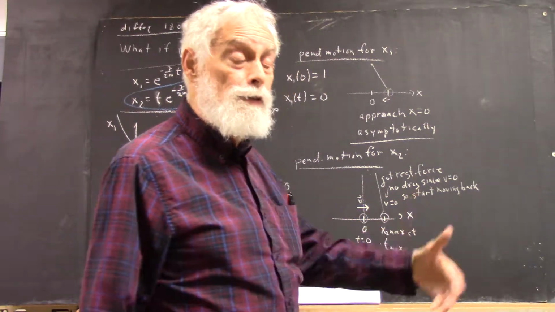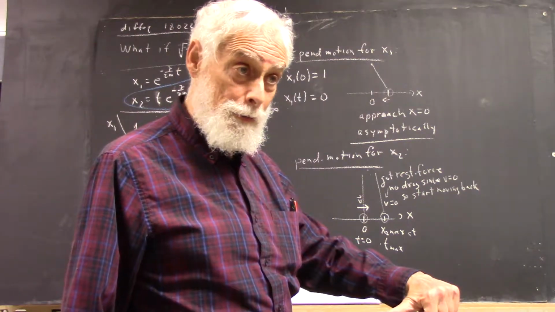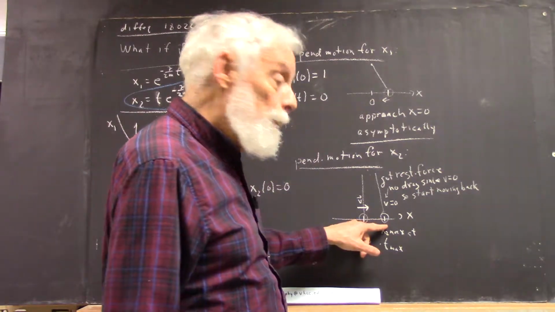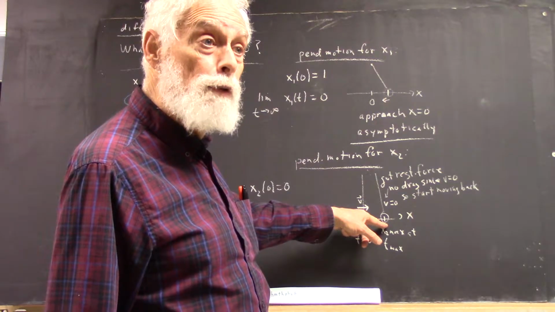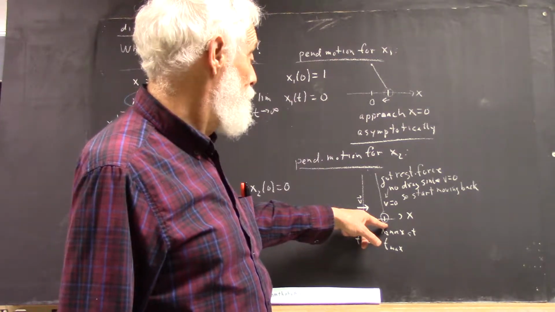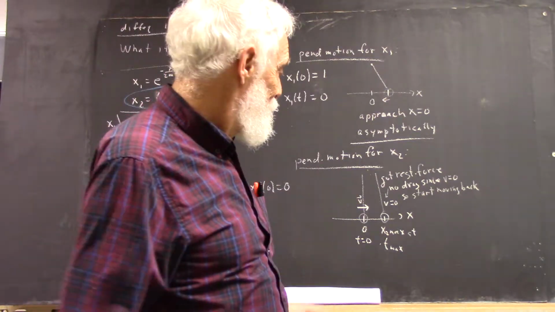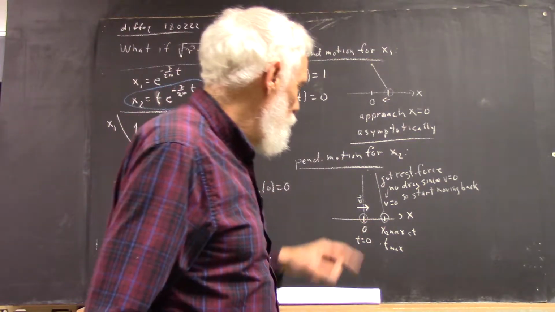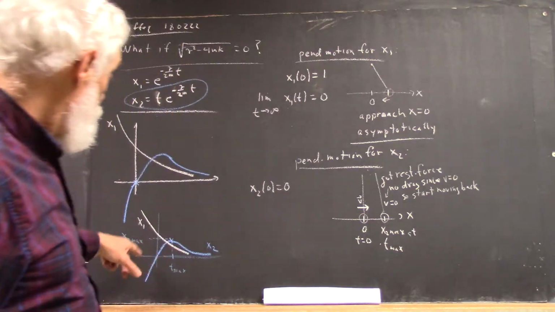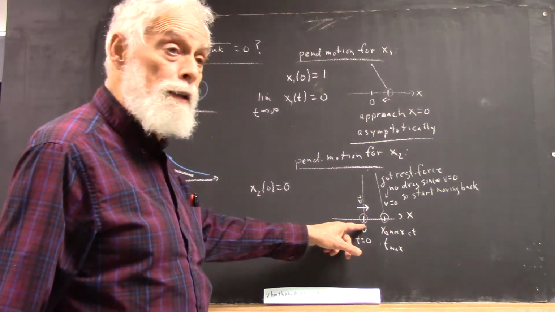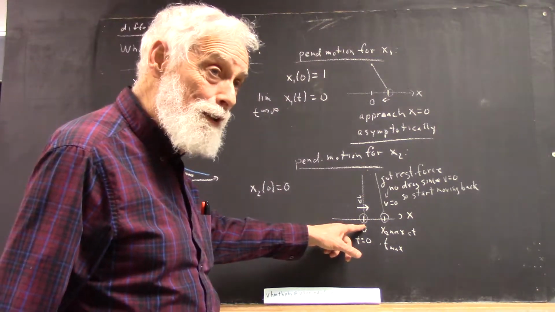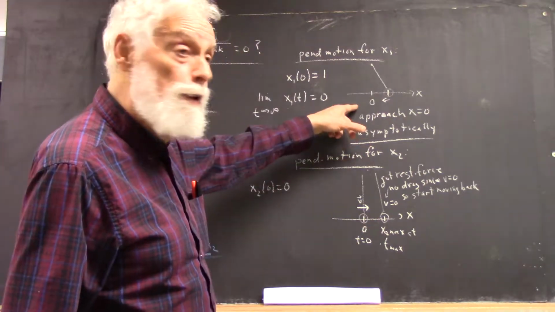But it is going to start moving back then. It's got a non-zero net force back toward the origin. And it's going to start moving back just as fast as it would if there was no drag. But as soon as it develops velocity, then the drag starts kicking in. So you're going to move from here back, according to the graph, asymptotically once more approaching the origin, just as you did up here.